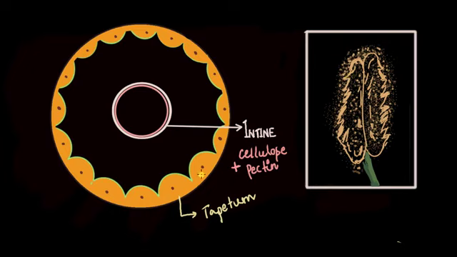Now, this tapetum layer, which is outside, which provides nourishment to the growing cells inside, thinks that this intine layer is not sufficient for the microspores. So this tapetum layer now secretes a substance called sporopollenin.